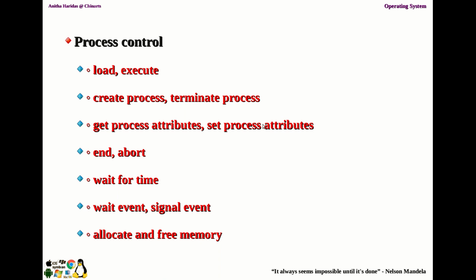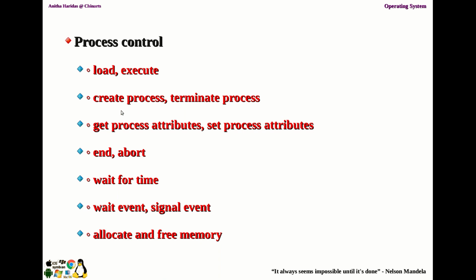Process attributes can be the process ID, the process name, who owns that process, who initiated it, and what file permissions are available for it. We call these the process attributes.